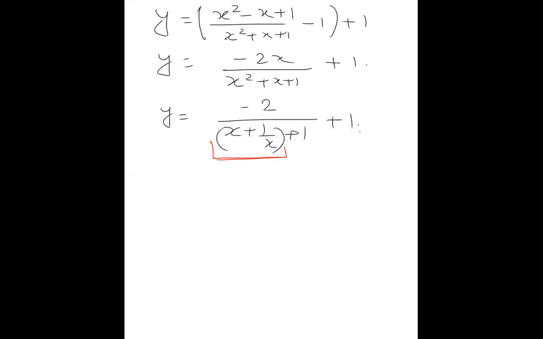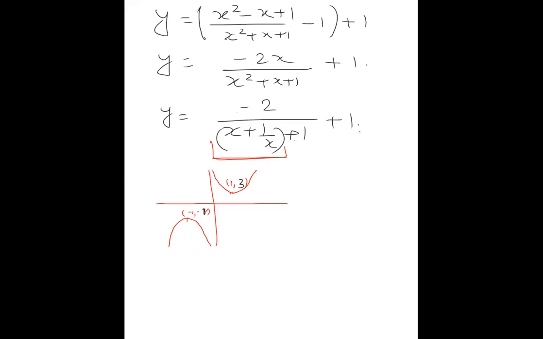First, we know the graph of x plus 1 by x, right? This is the point (1, 2). This is the point (minus 1, minus 2). Plus 1: when we have to add 1 on this, obviously completely y will be going up, so this will be 3, this will be minus 1, right?